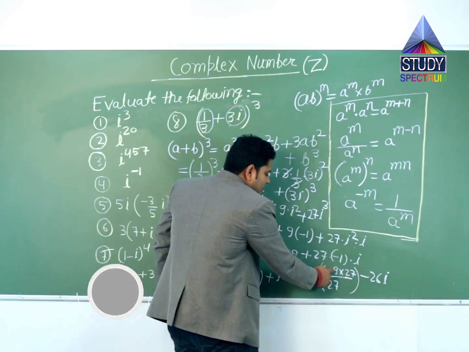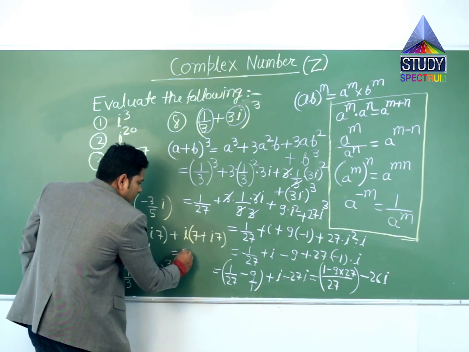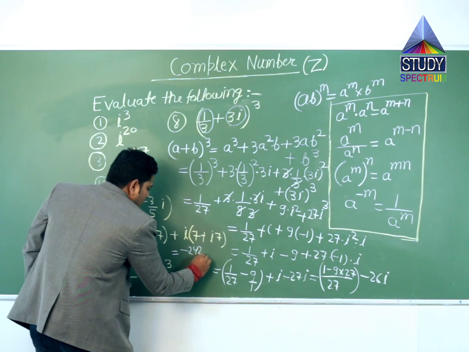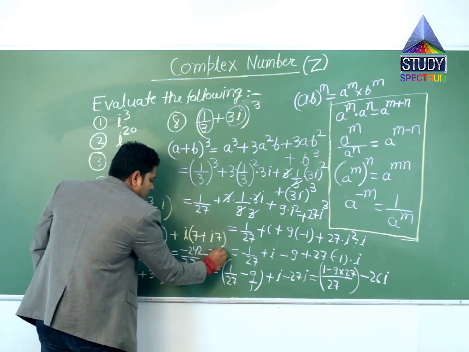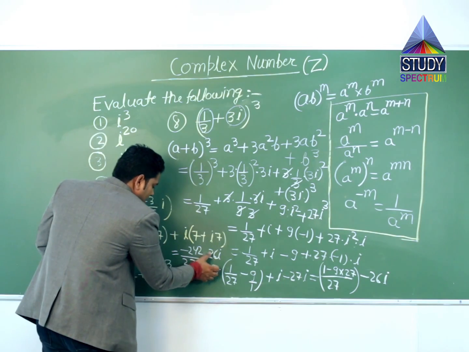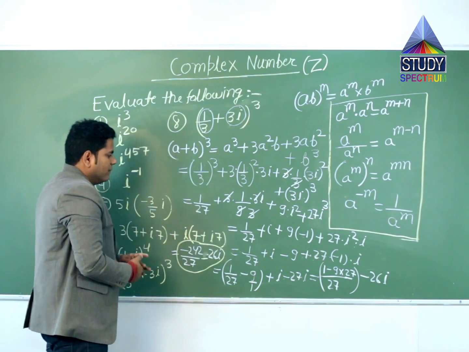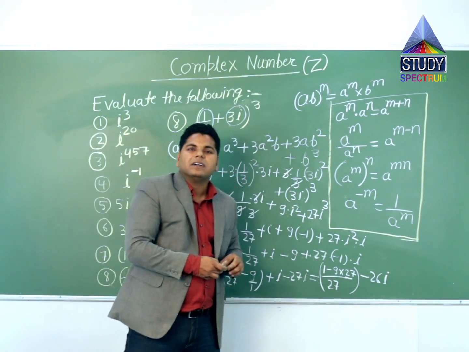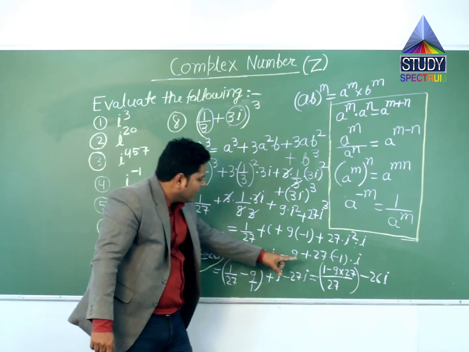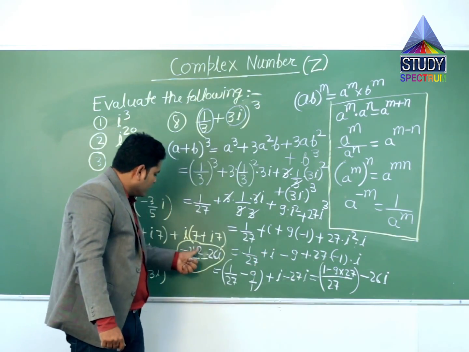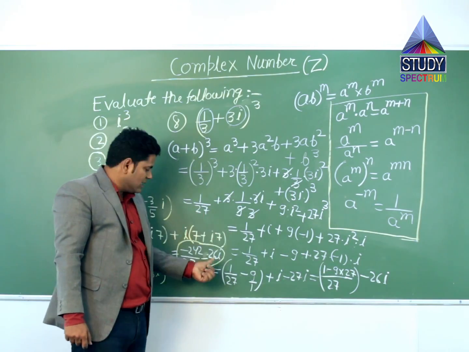So we'll write 1 minus 243 is minus 242 upon 27, minus 26i, and this will be our final answer. Okay, 1 minus 243 is minus 242 upon 27, minus 26i.